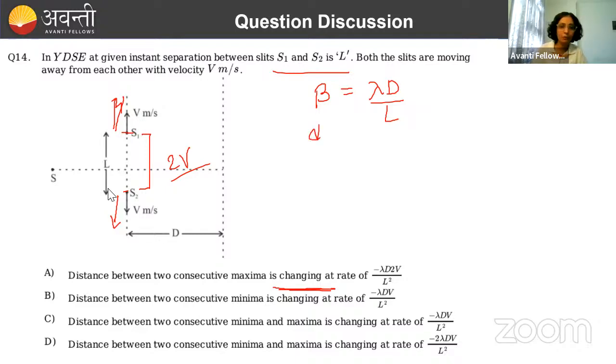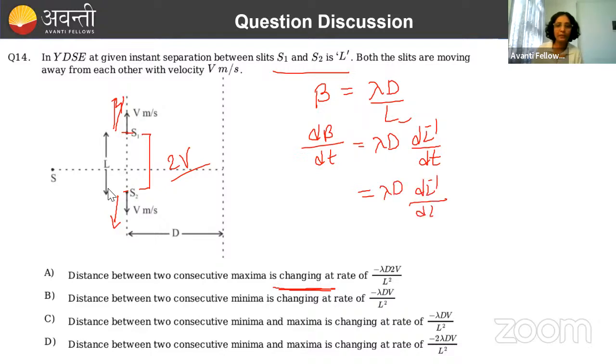So यहाँ पे भी what you do, d beta by dt. Done. Now this L is variable here, no? Lambda d is constant. So यहाँ पे मैं लिख रही हूँ dL to the power minus 1 by dt. Now this L can't be differentiated with respect to time directly, but we can do one thing. ये तो तुम्हें सबको पता है. We can do something like this.